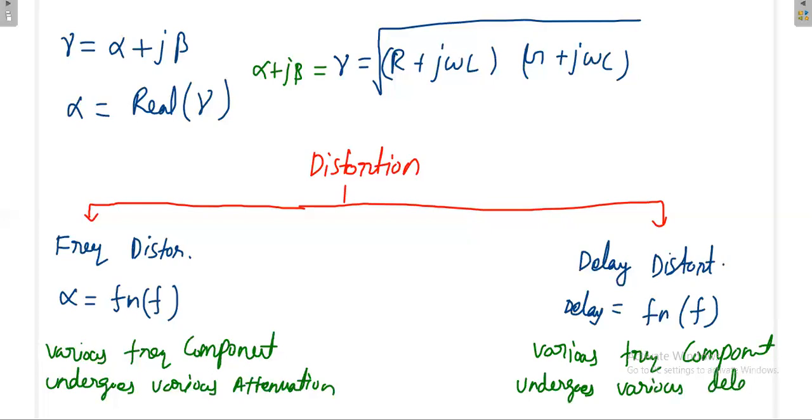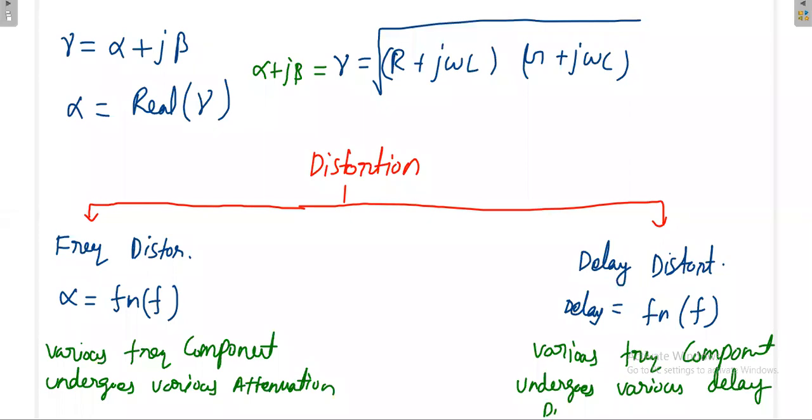Why the variation in delay? Definitely variation in time comes from variation in velocity, because the distance to travel is constant. If the delay is different, then definitely velocity has to be different. That means various phase velocities, different phase velocity.